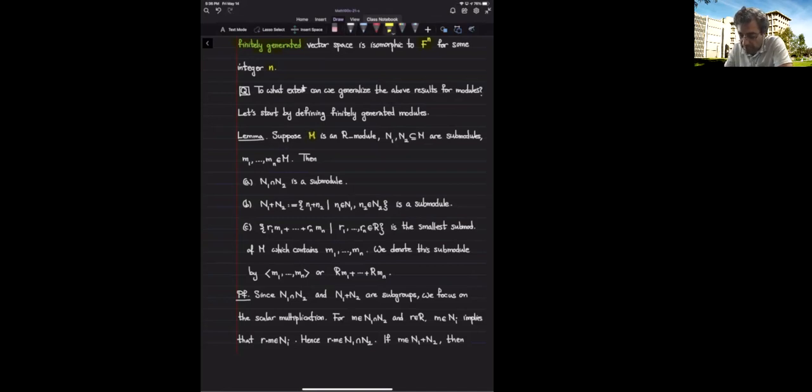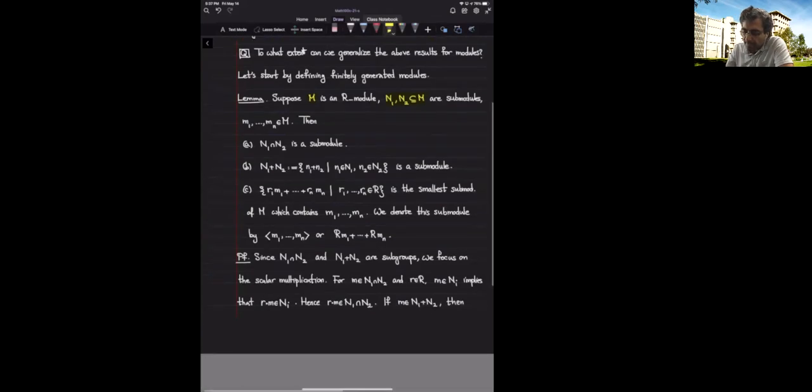And let's suppose that N1 and N2 are two submodules of M. So I'm going not only to define what finitely generated modules are, but I'm going to also give you some extra operations between submodules of M. So suppose N1 and N2 are two submodules, and m1, m2, mn are elements of the module M. Then intersection of these submodules is again a submodule.